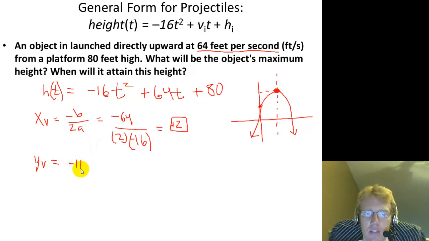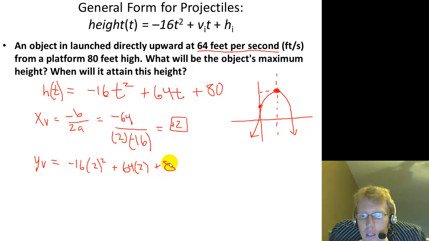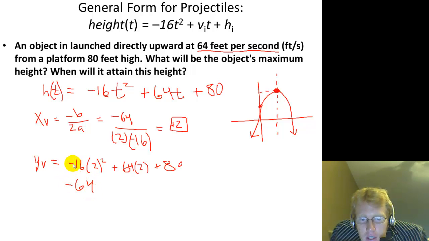So positive 2. And then for the y-coordinate of the vertex, we can plug this value back into our equation. So we have negative 16 times 2 squared plus 64 times 2 plus 80. Make sure we follow PEMDAS on this first part. We square the 2 before we multiply it by the 16. So 2 squared is 4, and 4 times 16 is 64. But remember that's negative because of the negative sign. Then we have here plus 64 times 2 is 128, plus 80.